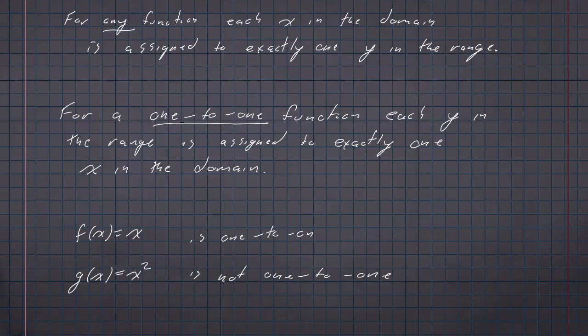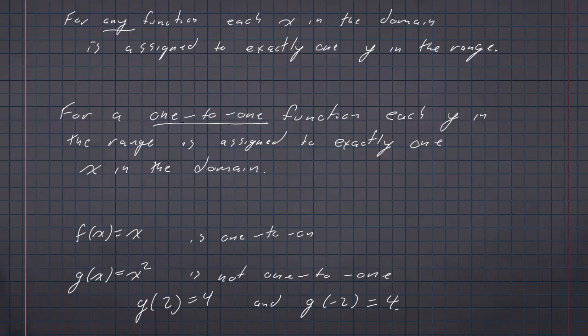By comparison, g of x equals x squared is not 1 to 1, because g of 2 is 4, and g of negative 2 is also 4. If you can find two x values where when you evaluate you get to the same point, it is not 1 to 1. And again, keeping in mind this idea of an inverse function, we want some way of undoing the rule we just did.